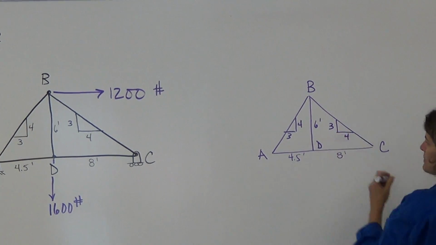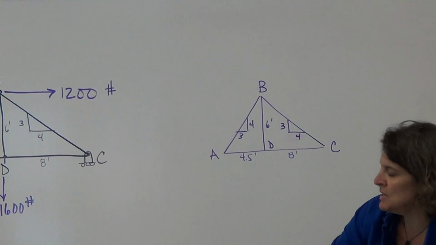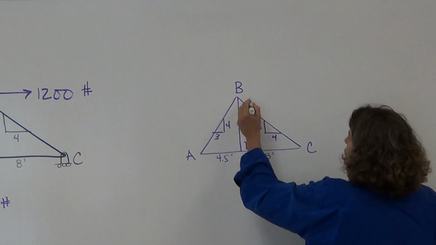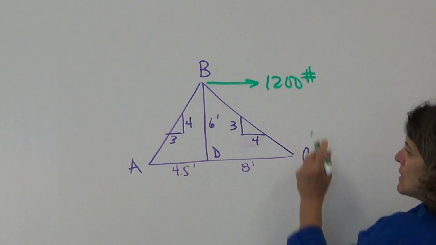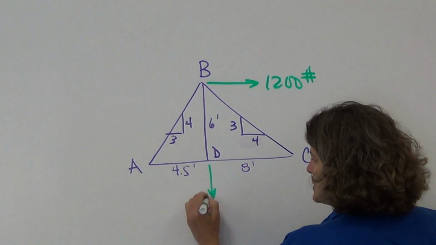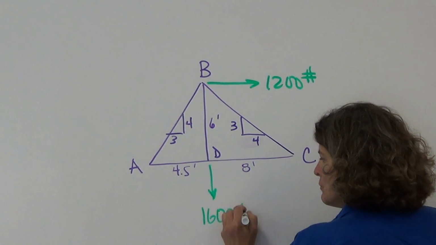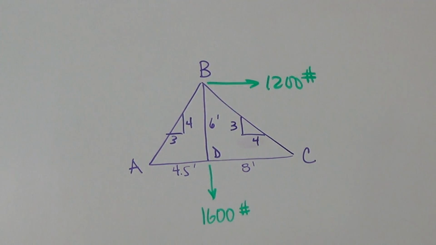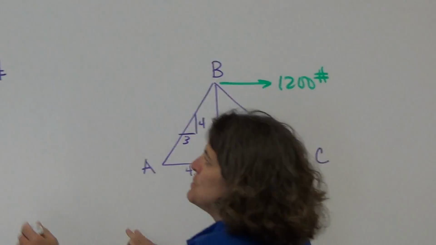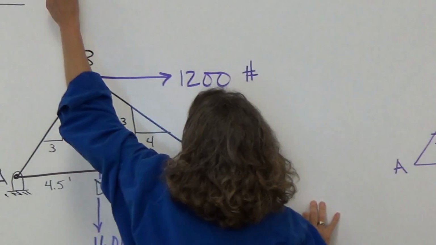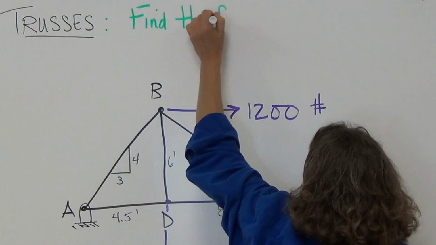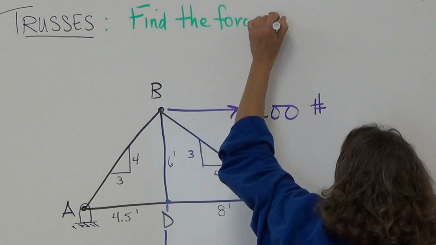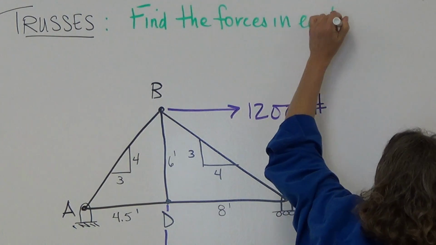And we see that the external forces here are 1,200 pounds, and there's a 1,600 pound force here. And the question for this problem is to find the forces in each member.